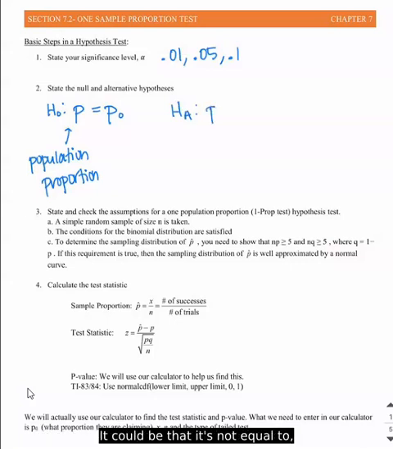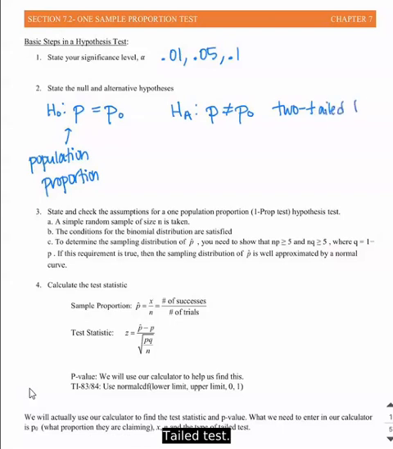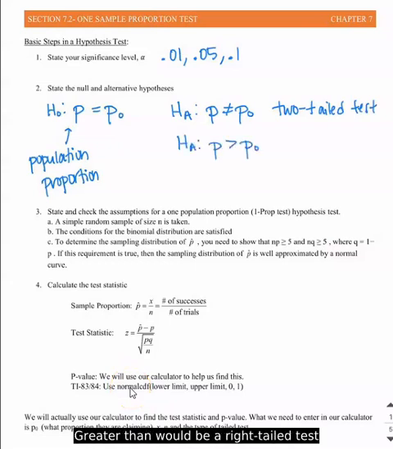It could be that it's not equal to, and this would be a two-tailed test. It could be H sub A greater than, so greater than would be a right-tailed test.